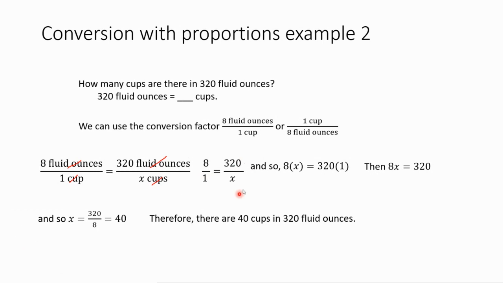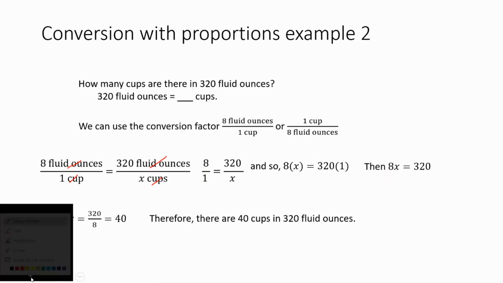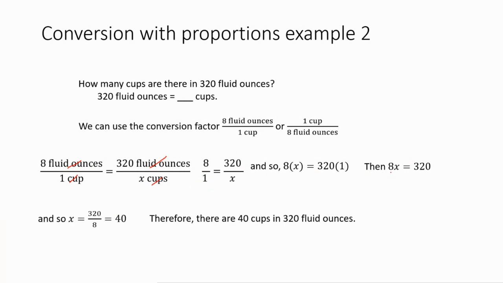As before, we cross multiply, then we divide by 8. We get x equals 320 over 8, and that's equal to 40. So there's about 40 cups in there.